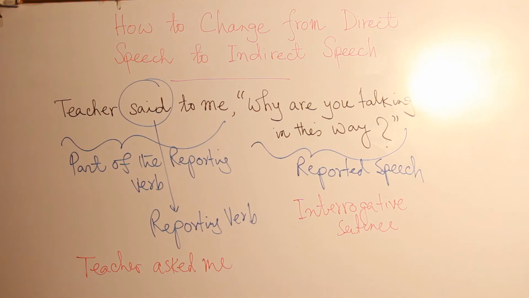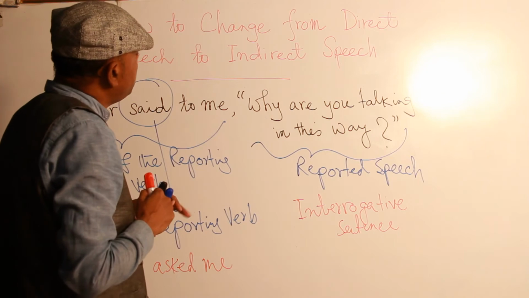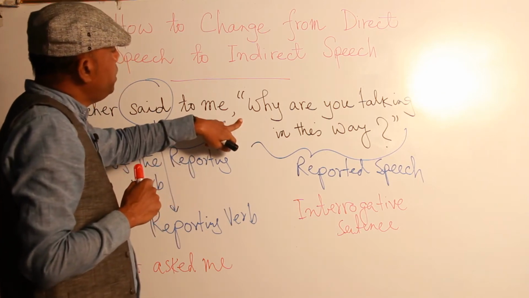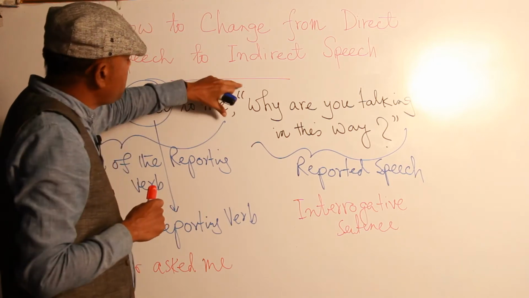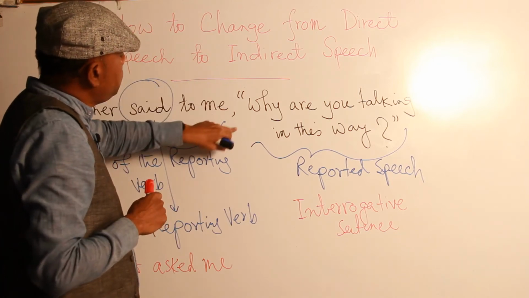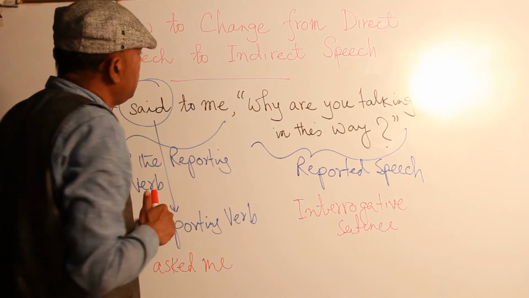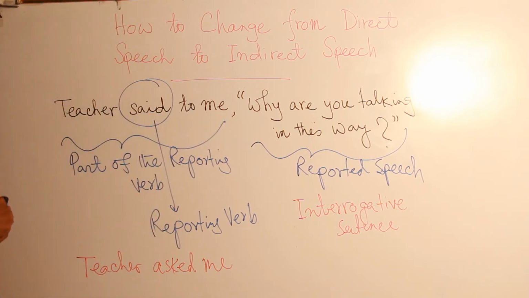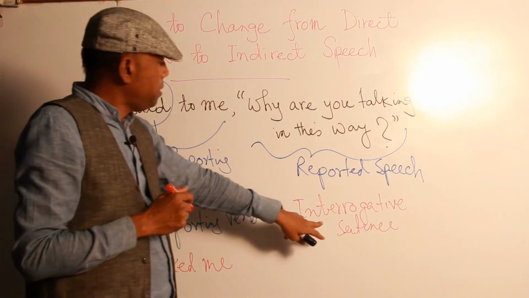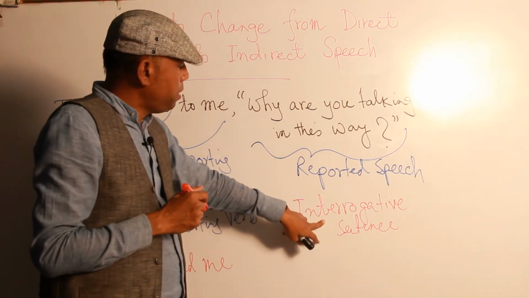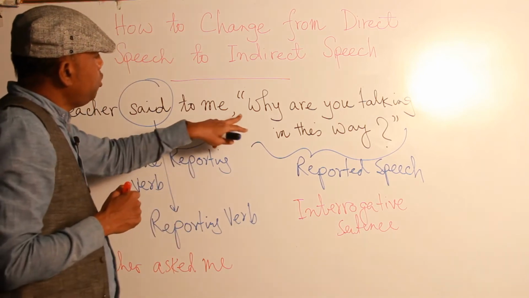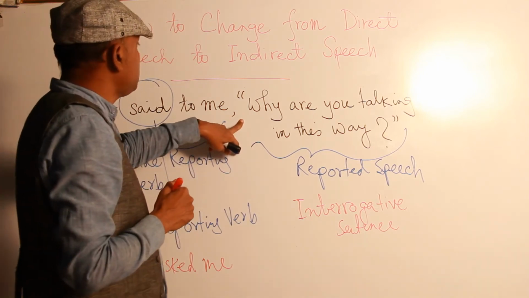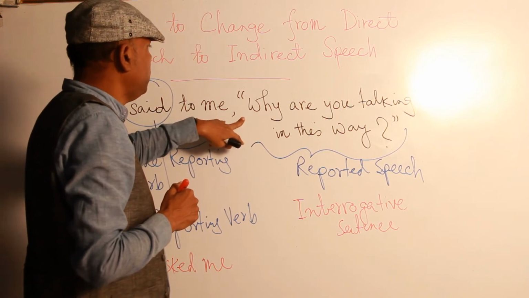Then step number 3, we need a conjunction instead of the inverted commas. So if the reported speech is an interrogative sentence, the conjunction will be if or whether.